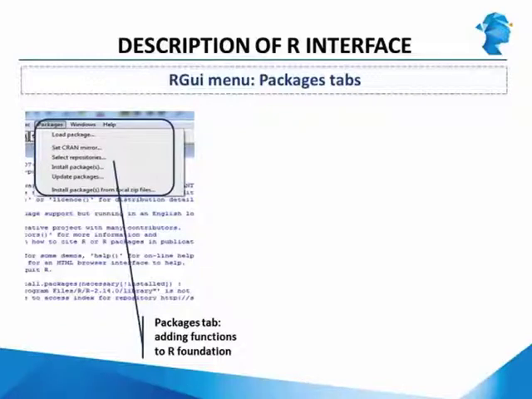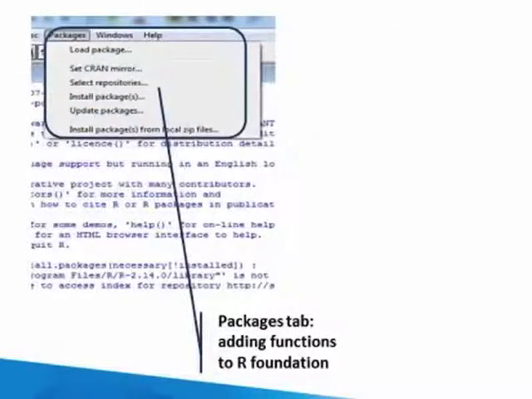The packages tab is very important and specific to R. This is something that is fairly unique to R. You won't find it in many other softwares. But like many other softwares, R can be seen as a basic platform, the R console accessed through the R GUI, that controls many independent products or applications which can be added to this basic R platform.